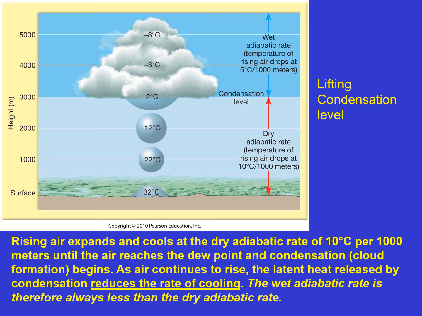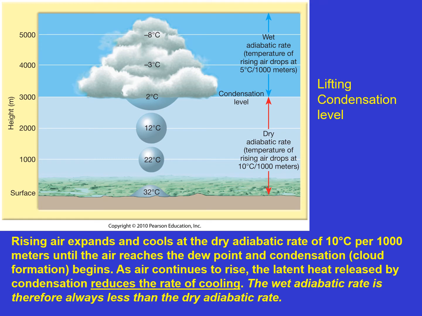If that air mass that's been rising is still warmer than the air around it, it will continue to rise. But as it's rising and cooling, it hits the condensation level, and condensation is occurring. It's going to release latent heat. And this release of latent heat from condensation is going to reduce the rate of cooling.